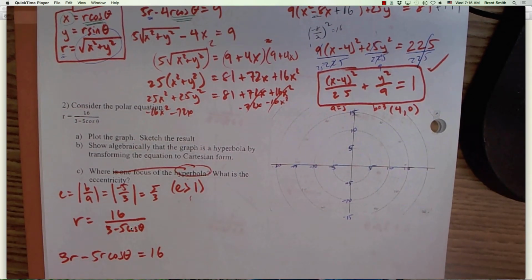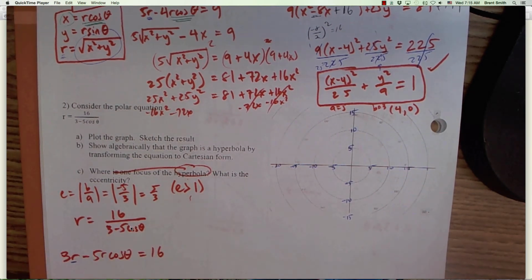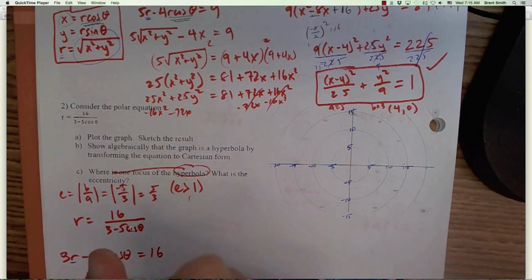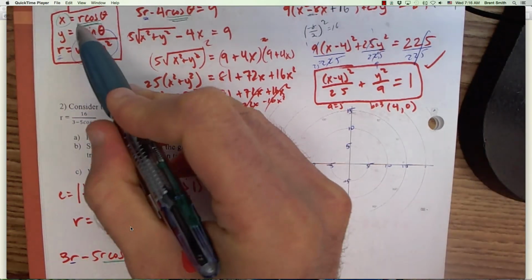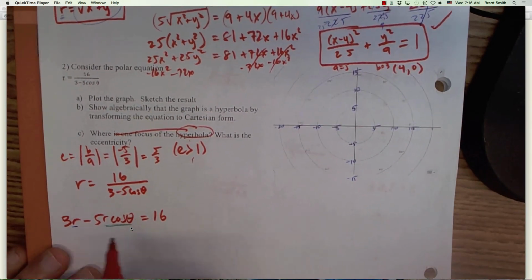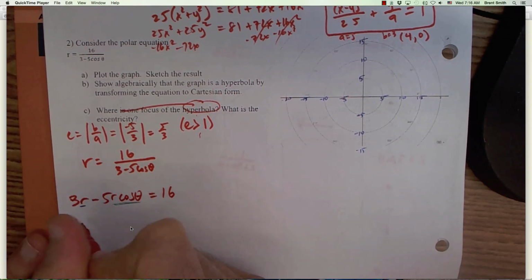We use our same rules. So for r, I'm going to plug in square root of x squared plus y squared. For r cosine theta, I'm going to plug in x. And then we will have gotten rid of our polar form, and we'll be in Cartesian coordinates. We'll just have to clean things up.